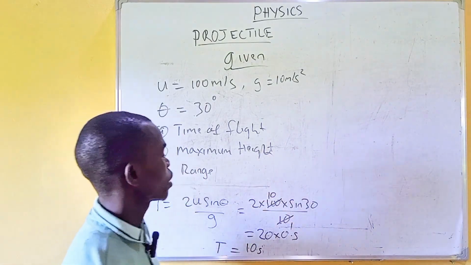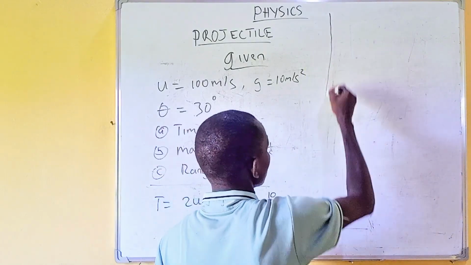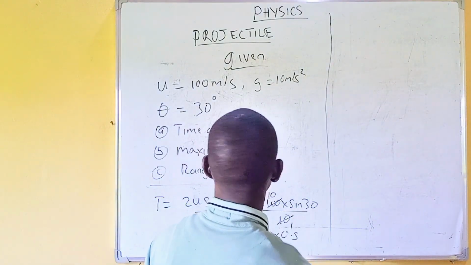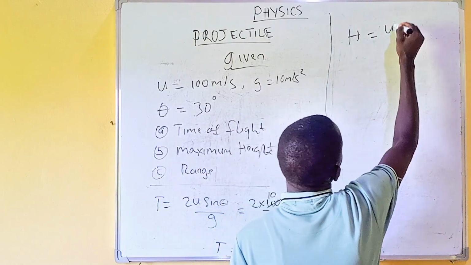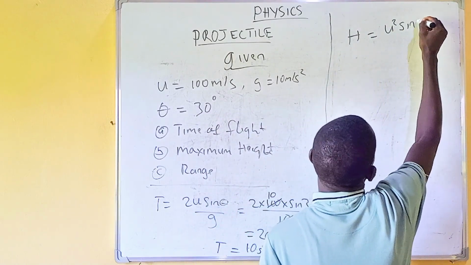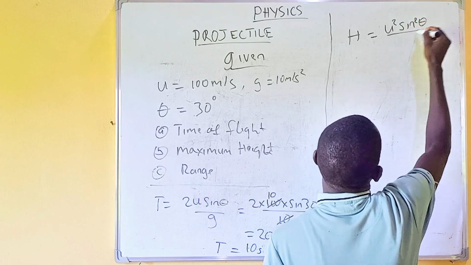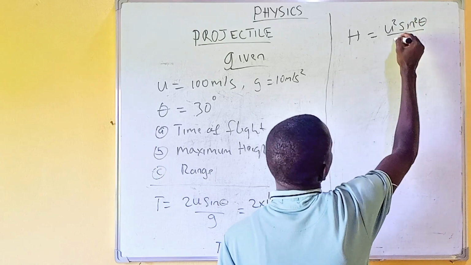So let's find our maximum height. Maximum height is given as u squared sine squared theta divided by 2g.